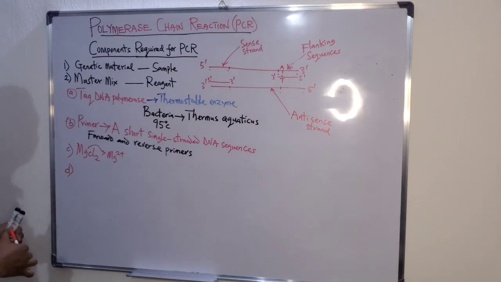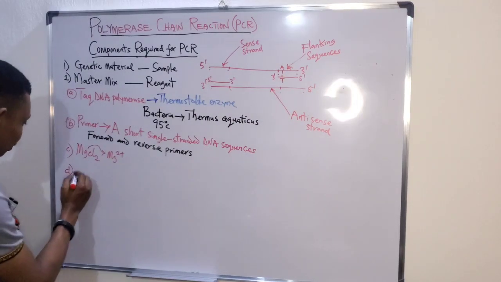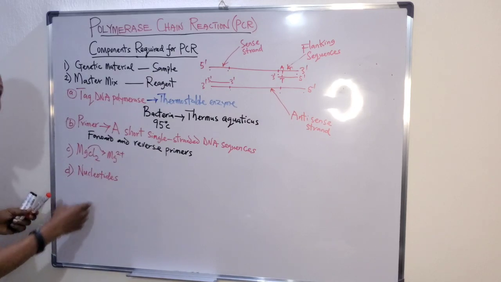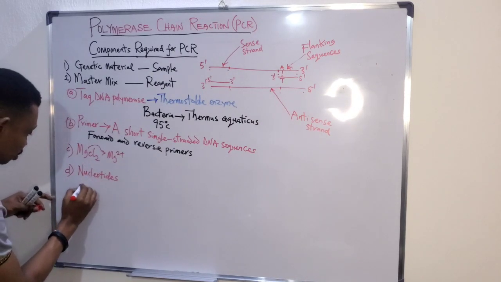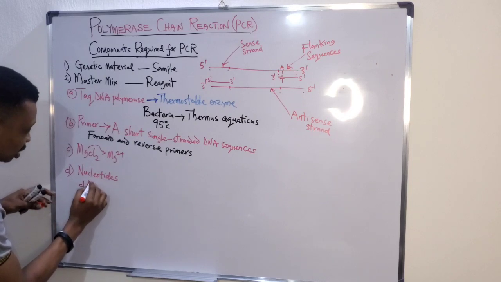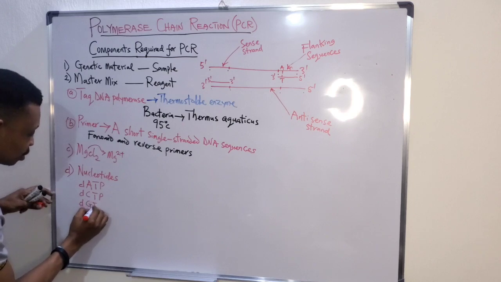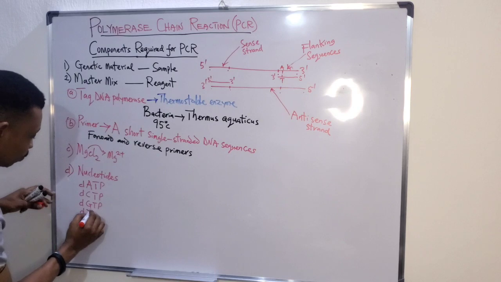The next one is the nucleotides. And these nucleotides include the deoxyadenosine triphosphate, the deoxycytosine triphosphate, the deoxyguanosine triphosphate, and the deoxythymidine triphosphate.